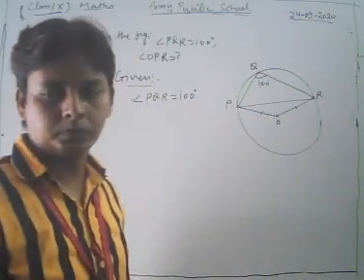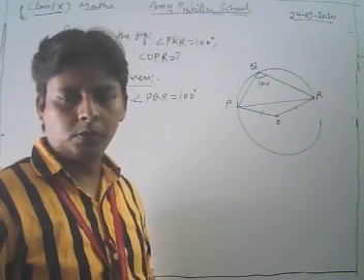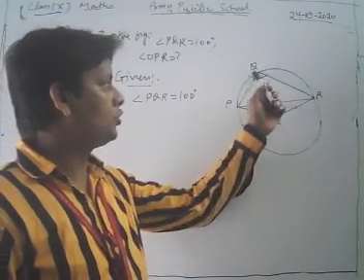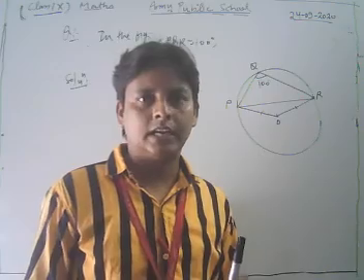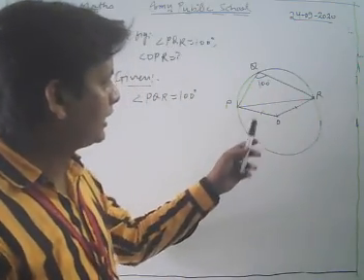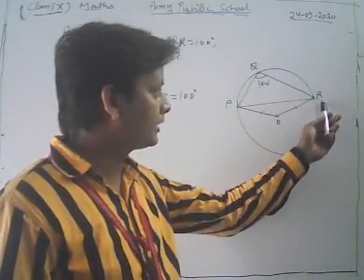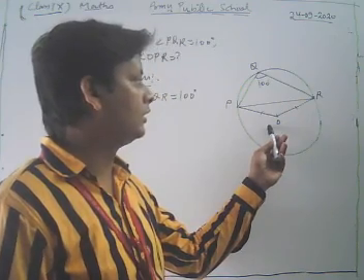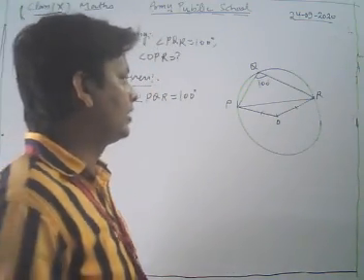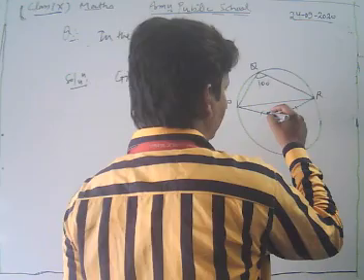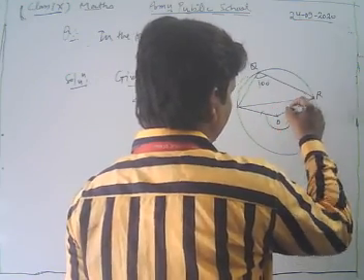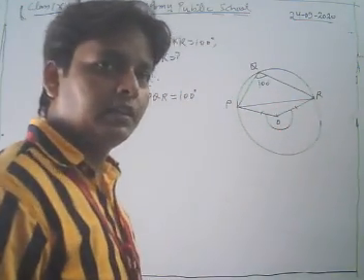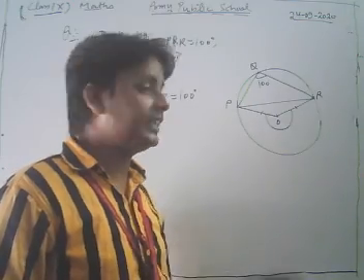Now look, PQR is 100. Now we know that the angle subtended by an arc at the center of the circle is double the angle subtended by it at any remaining part of the circle.